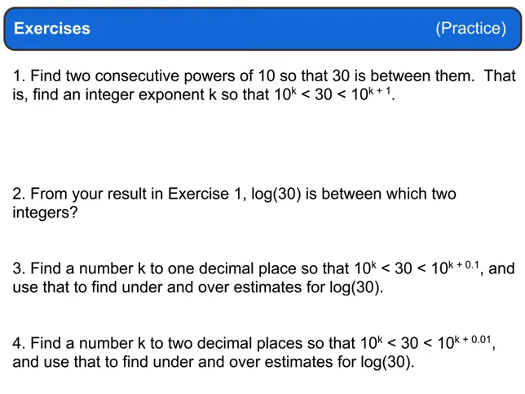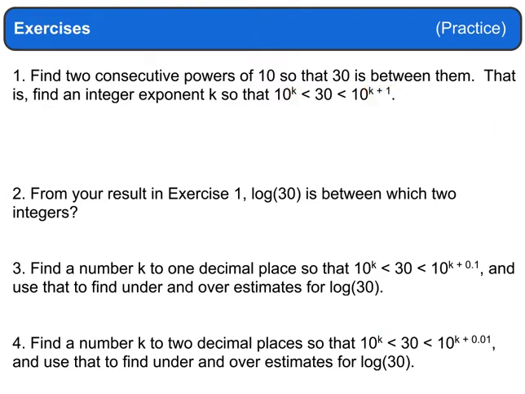Starting with number 1, it says to find two consecutive integers with the powers of 10 so that 30 is between them. In other words, they're asking us to figure out 10 to what power would be just under 30, and 10 to what power plus 1 would be something above 30.